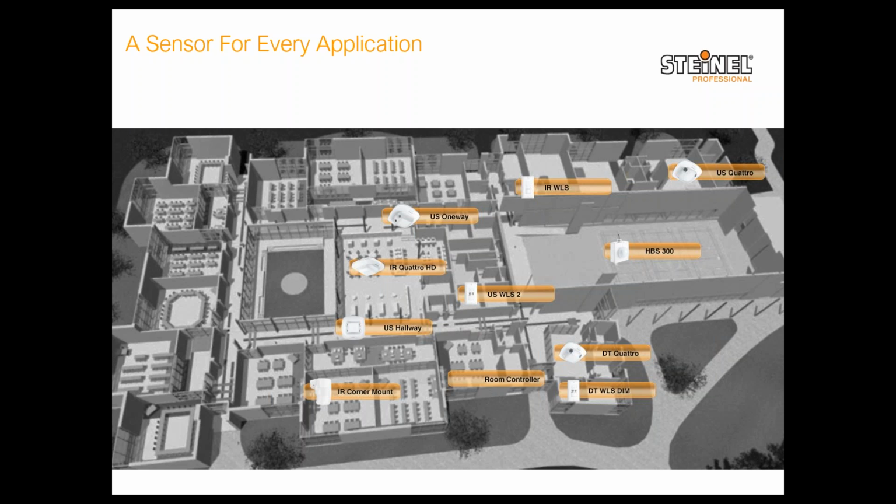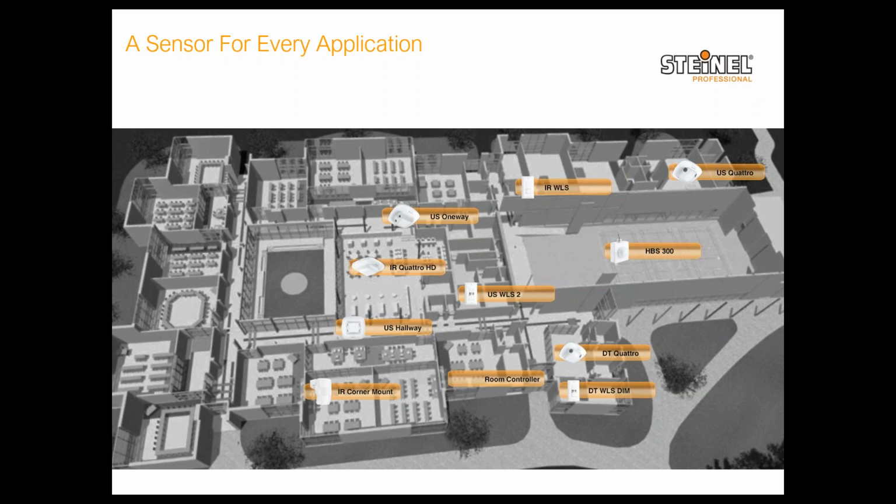One reason is that a lot of people think that dual tech sensors are a one-size-fits-all kind of thing, which is not really true. When you have a good PIR sensor that can give you even better coverage than a dual tech sensor, why not use that? And also there are some cases that you really can't use a dual tech sensor.